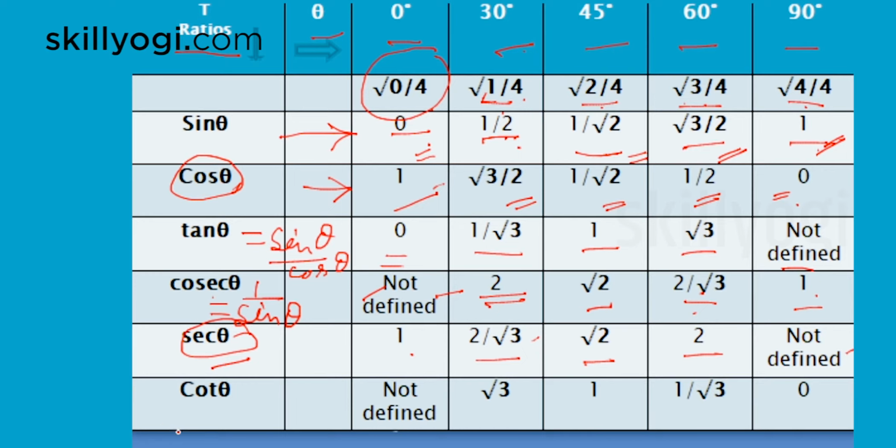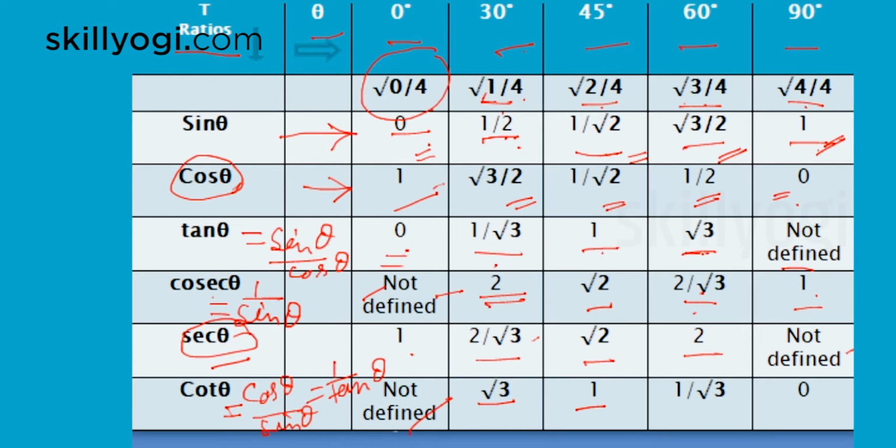Next cot theta. For cot theta, what we will do? Either cos theta by sin theta, or we can write 1 by tan theta is cot theta. So 1 by tan theta means tan 0 is 0, that means 1 by 0, not defined. Next 1 by root 3. Next 1 by 1.